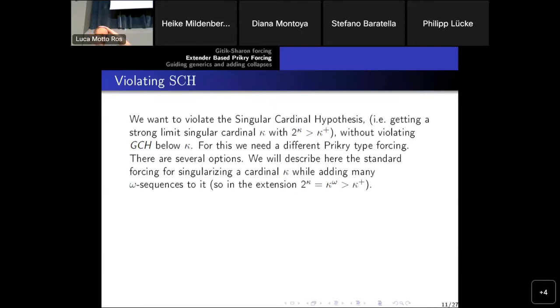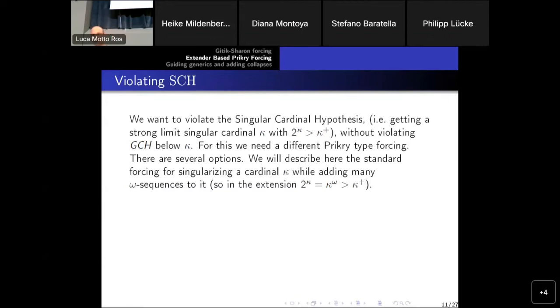The tool for doing that is the Gitik-Magidor forcing principle. Now, what I would like to do is try to convince you that we can get the Gitik-Magidor forcing, at least the version of Tom Benhamou, and it is going to arise naturally from this perspective of iterated ultrapowers. So let's do it. In order to get 2 to the kappa to be large, we want kappa to the omega to be large.